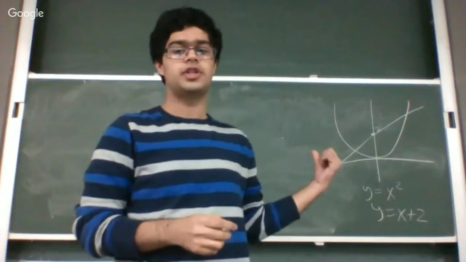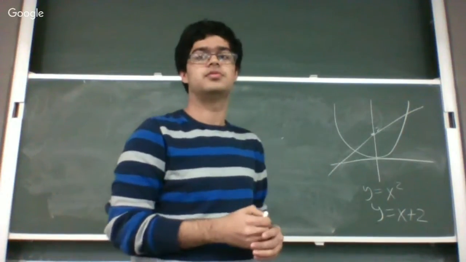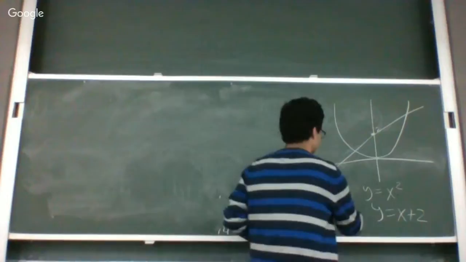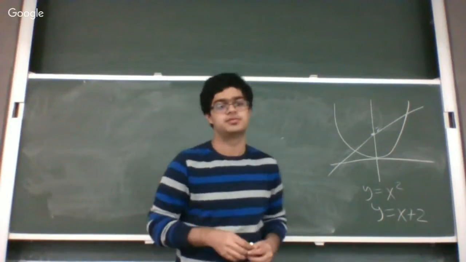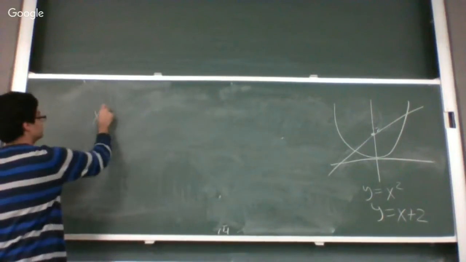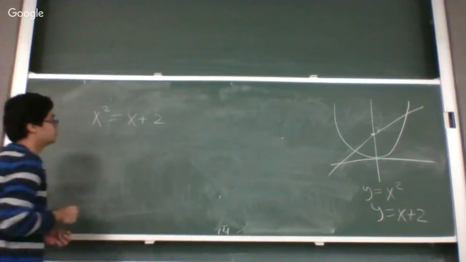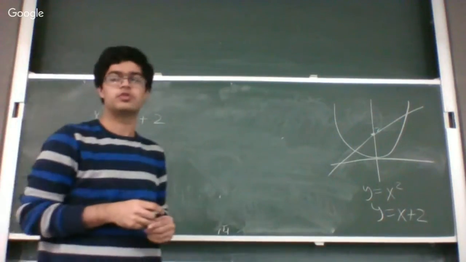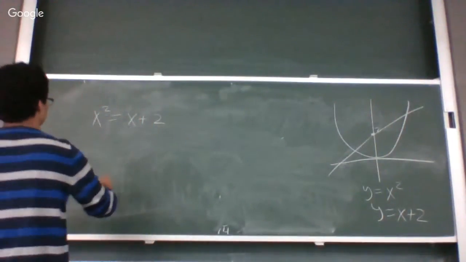What's the first thing you should always do given this? Set x squared equal to x plus 2. The first thing you should always do is find the intercepts. So let's do that.